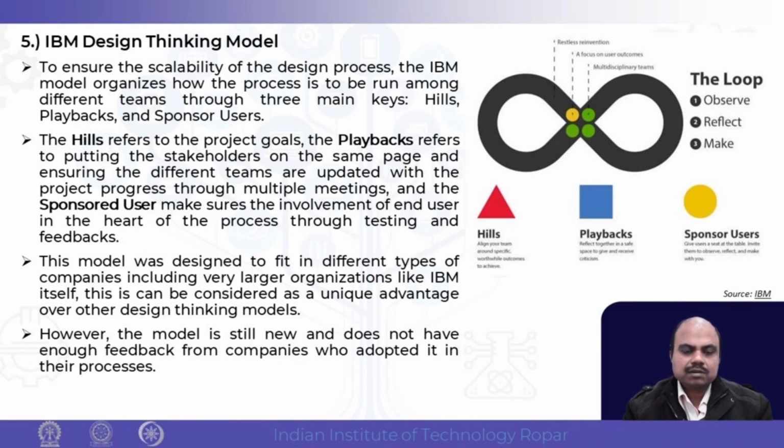The playback refers to putting the stakeholders on the same page and ensuring the different teams are adapted with the project progress through multiple meetings. And the sponsor user makes sure the end user is involved in the heart of the process through testing and feedback.